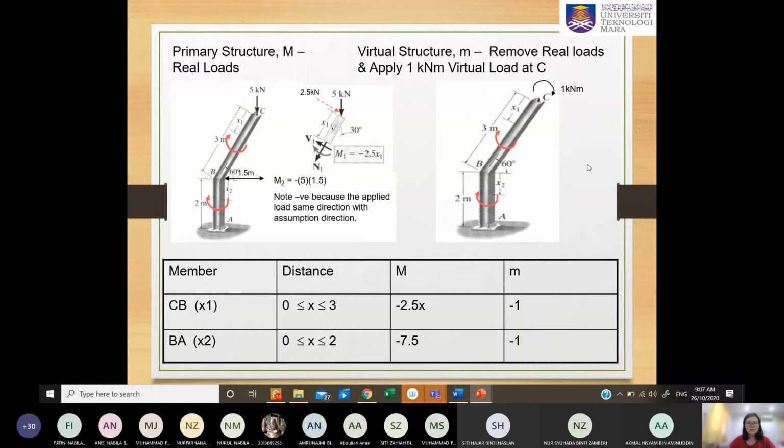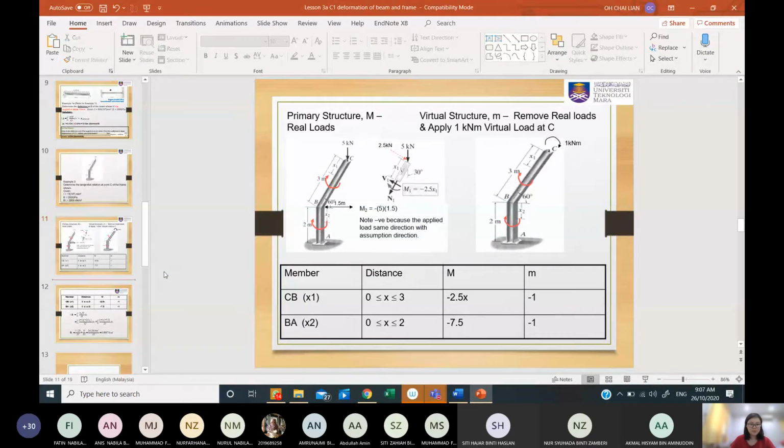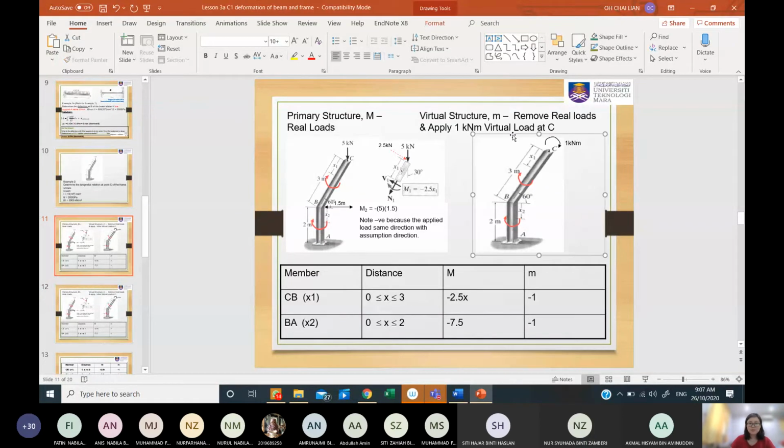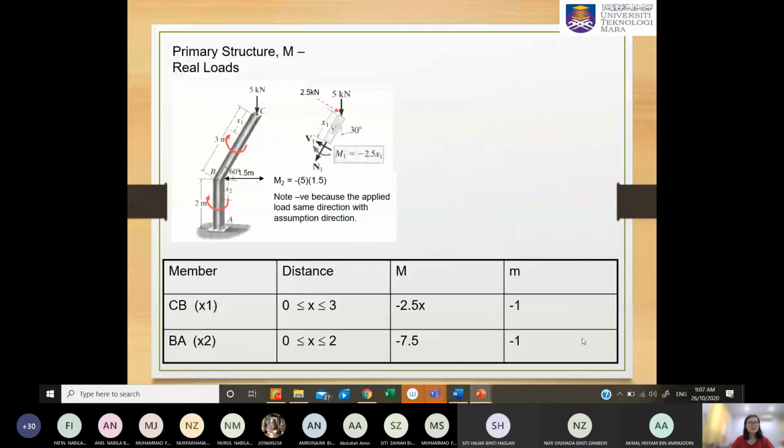Let's start with solving the real structure or big M. In this case, we have two members, member AB and member BC.